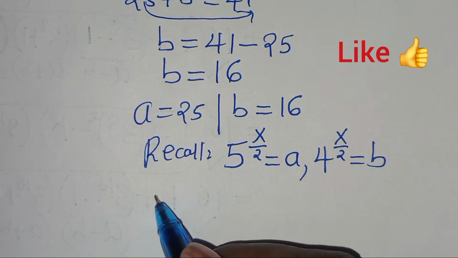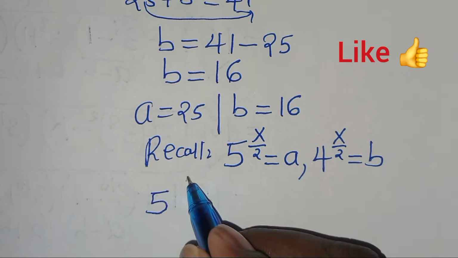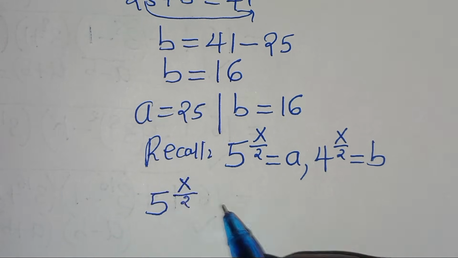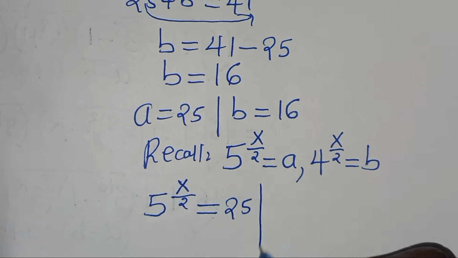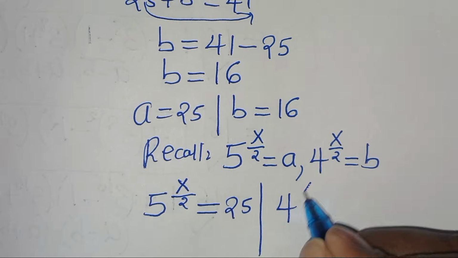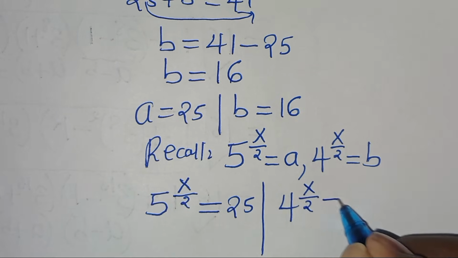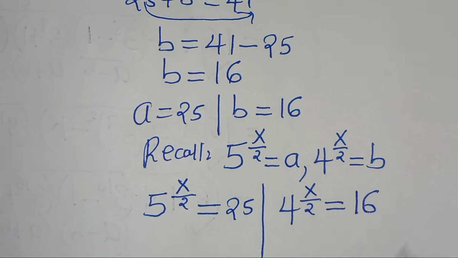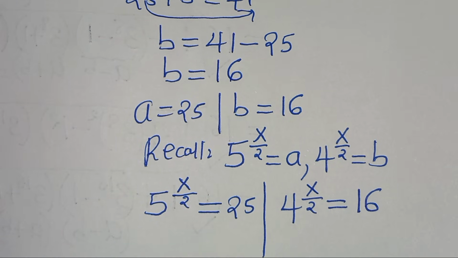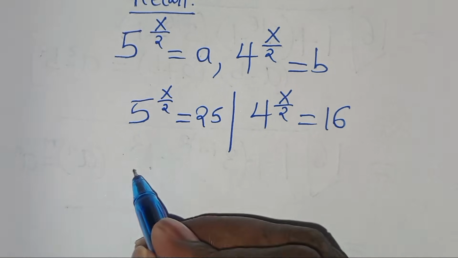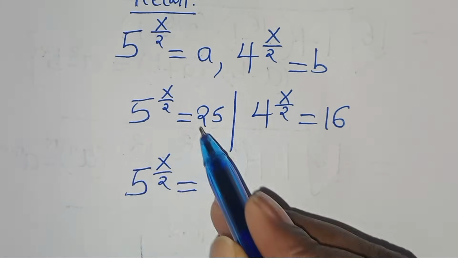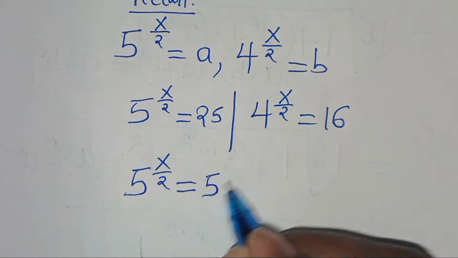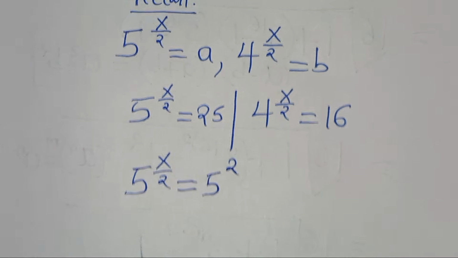So this implies that we have 5 to the power of x over 2 equal to a, which is 25, and we have 4 to the power of x over 2 equal to b, which is 16. Now from here we have 5 to the power of x over 2 equal to 25, which is 5 to the power of 2.